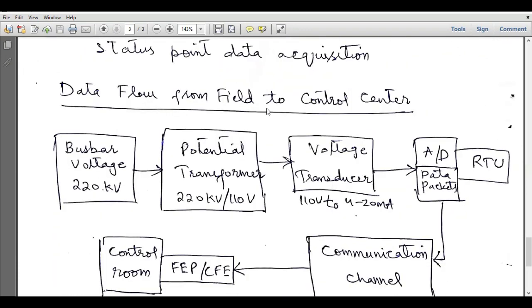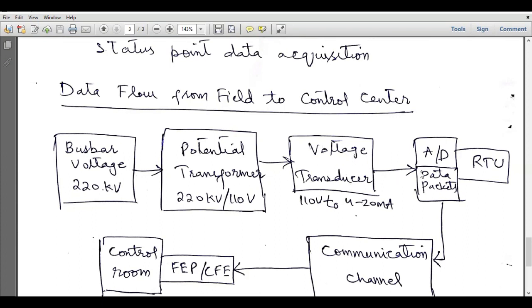Data flow from the field to the control center can be understood from this block diagram. In this block diagram, you can see we have a bus bar voltage, which is a high voltage of 220 kilovolts. Then we have a potential transformer which converts this high voltage to a low voltage of 110 volts. These 110 volts are converted to a 4 to 20 milliampere signal by using a voltage transducer.